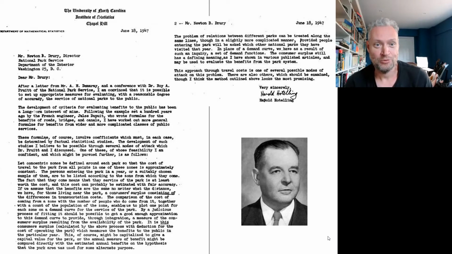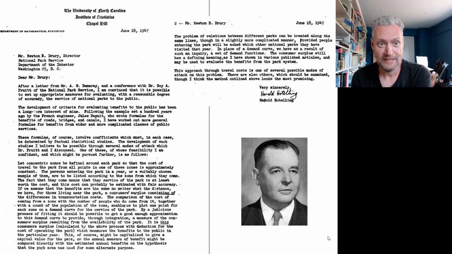He is the guy who first gave the first analytical proof of the first and second welfare theorem, and he's of course also known for his work on the pricing of exhaustible resources like oil, and for his work on the spatial feature of markets. But also in this letter that you see fully displayed here, he proposed the travel cost method while writing to the director of the National Park Service.